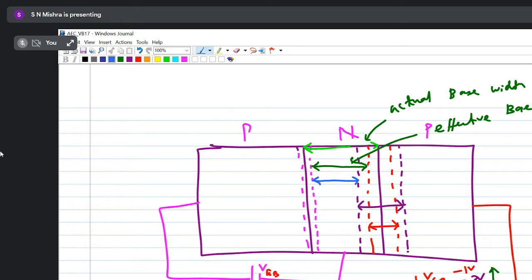This is called base width modulation. By increasing the collector-base voltage, the effective base width decreases due to the increase in the depletion region of the collector-base junction. This is called base width modulation, or also the Early effect.